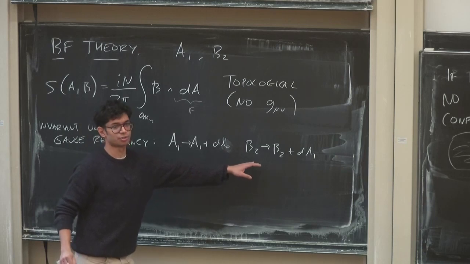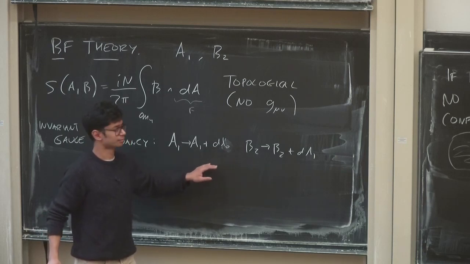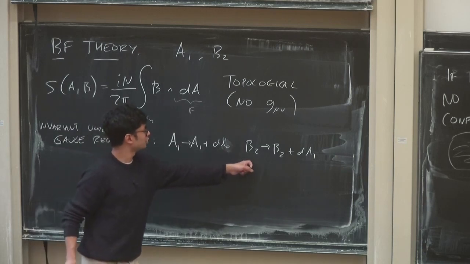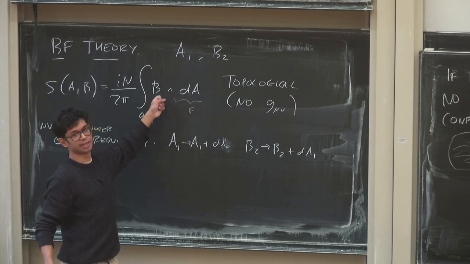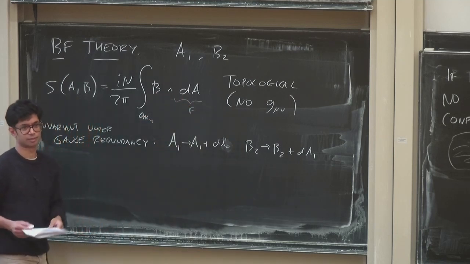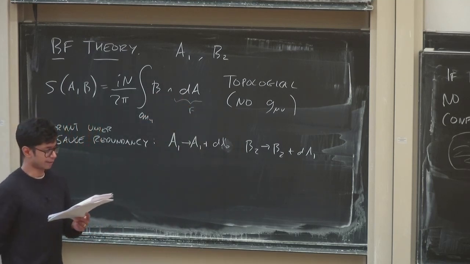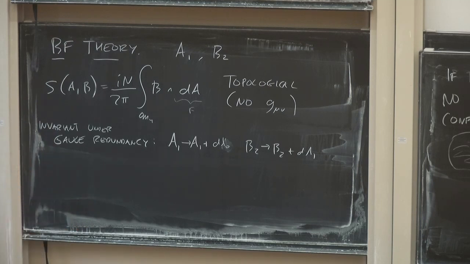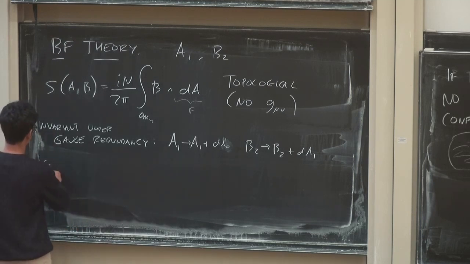The action is invariant under both of these gauge transformations. To see this one, you might want to integrate by parts to put the d over there, and then it's invariant. Now, an important fact is these are both compact gauge fields.